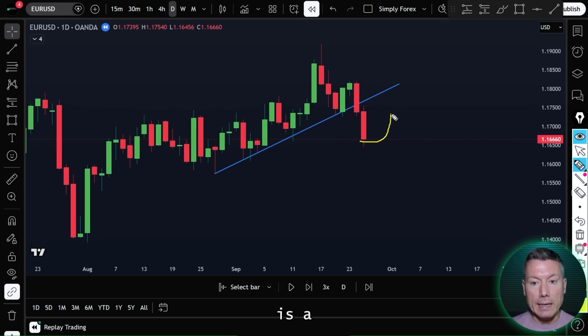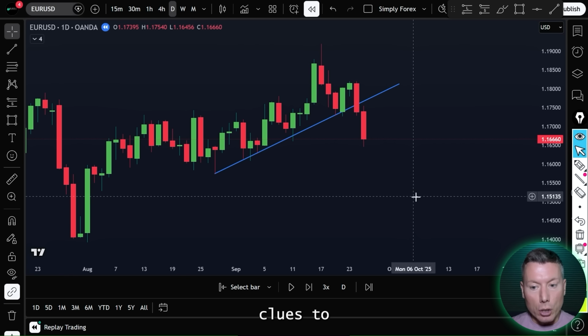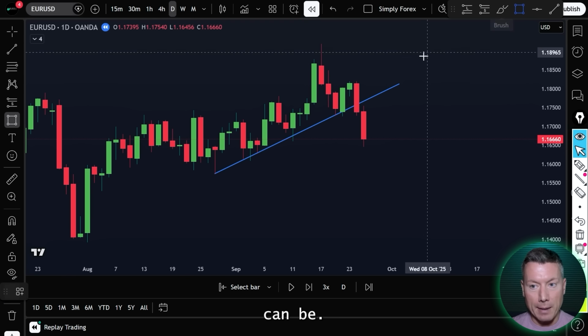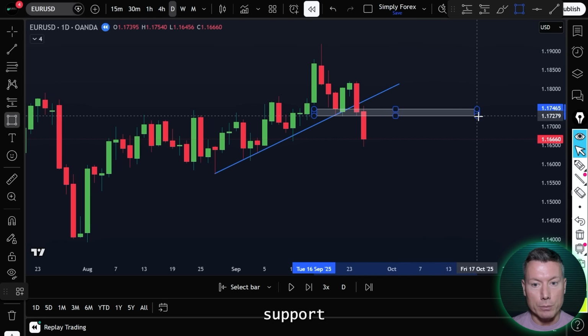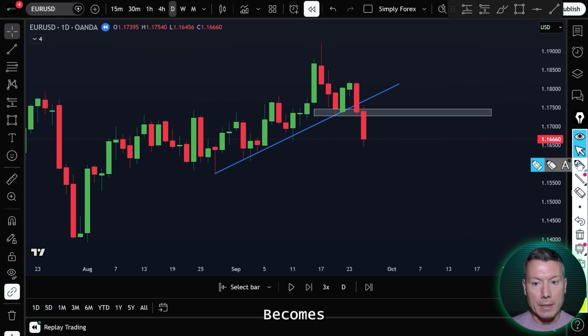What we want to see is a pullback into value. And there's usually clues to tell us where this can be. And a pretty good clue is what was once support, right, becomes very good resistance. Okay, so this level here, I am interested in selling, right?